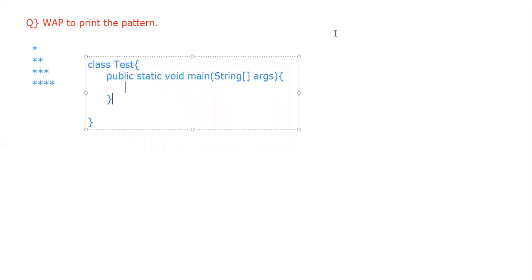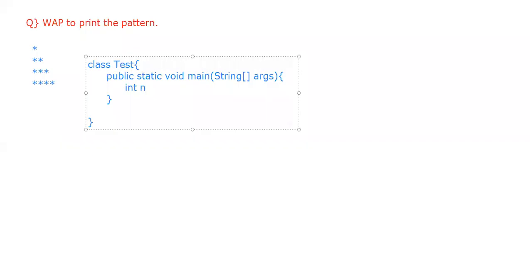Now, after this, I have to declare a variable int n. Now you can see that this is a right angled isosceles triangle where this side is equal to this side. Yeah, the perpendicular is equal to the base.